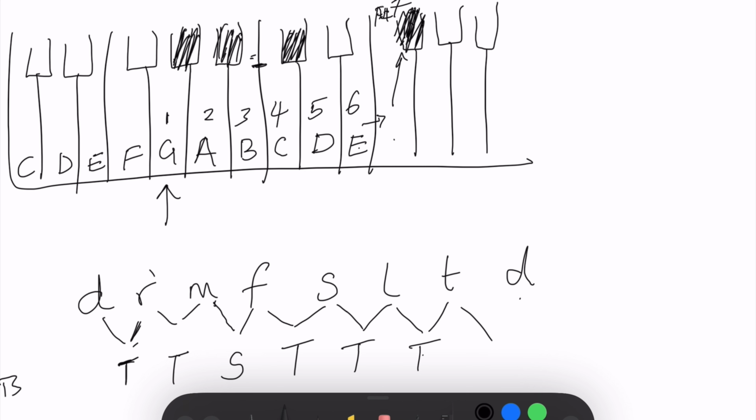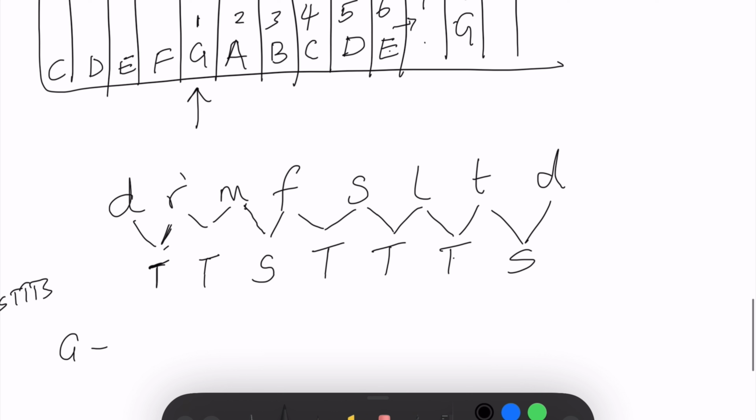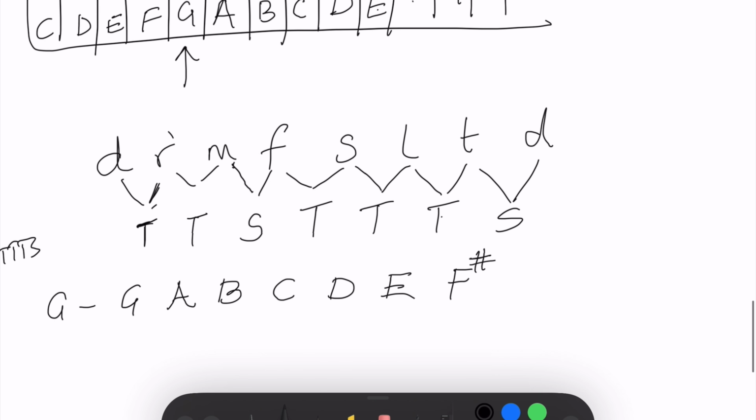And finally, to get the eighth note, we are asked to move a semitone distance, which will be back to G, because from F sharp to G is a semitone distance. Eventually, if we write out the notes for G, we'll have G, A, B, C, D, E, F sharp right there, and then G again.